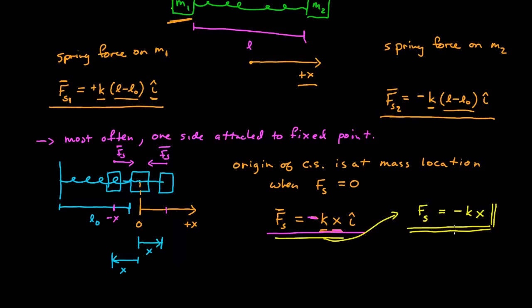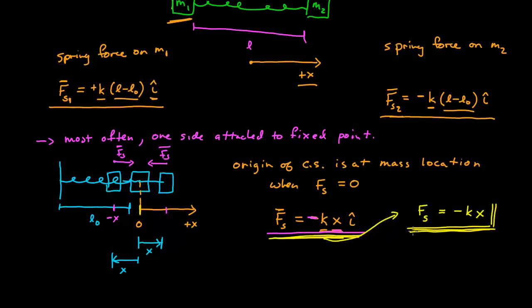This sort of expression only holds when one side of the spring is fixed on an immovable object, where we've established a zero of the coordinate system at the mass when the spring is at its equilibrium length, and we have, say, the x-coordinate system aligned with the direction of the spring, and we're only looking at the x components, where the negative sign gives us the direction of the vector, and we've just skipped any of the vector notation.